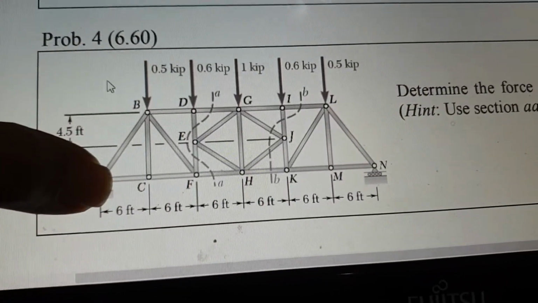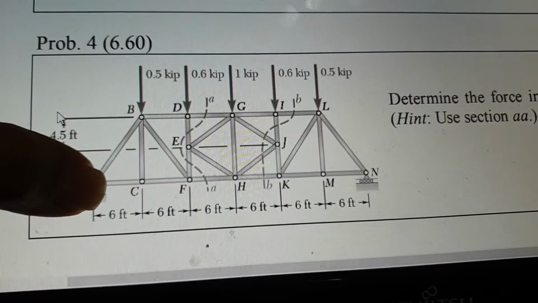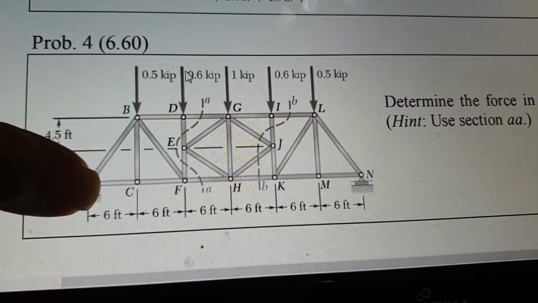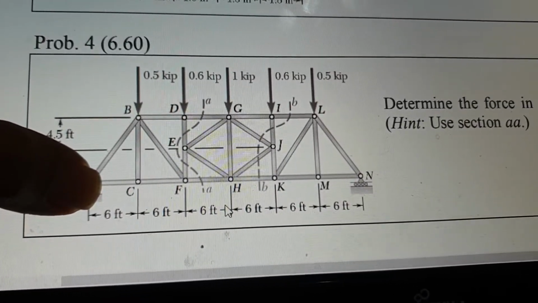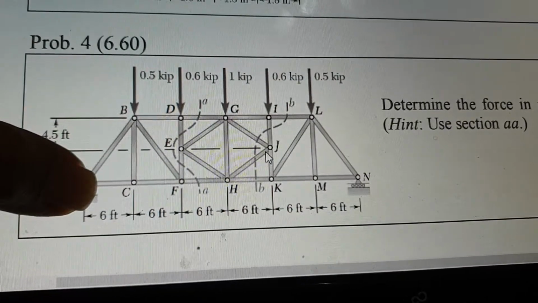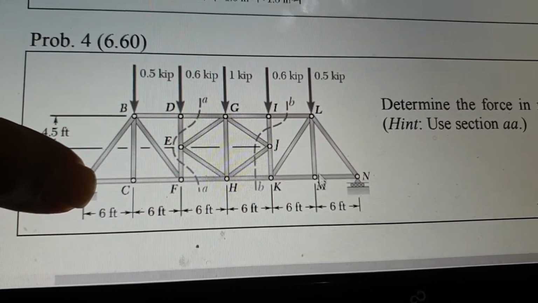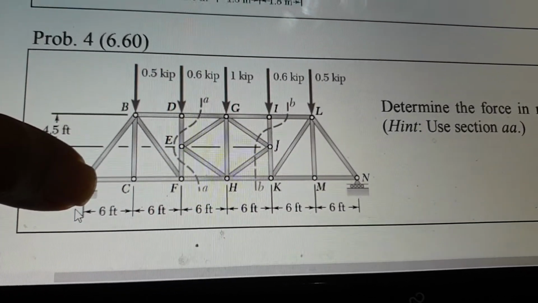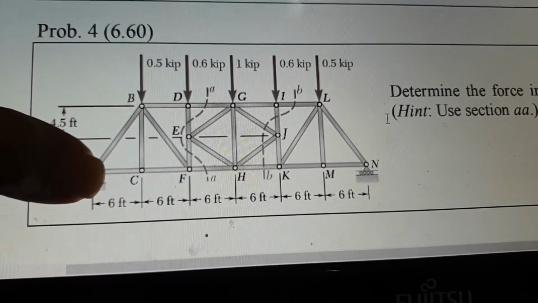So moment at this point will push the whole truss clockwise. So 0.5 times 6, 0.6 times 12, 1 times 18, 0.6 times 24, and 0.5 times 30.